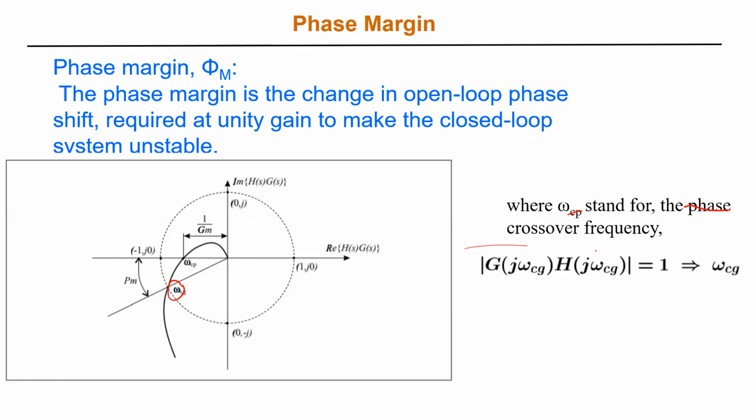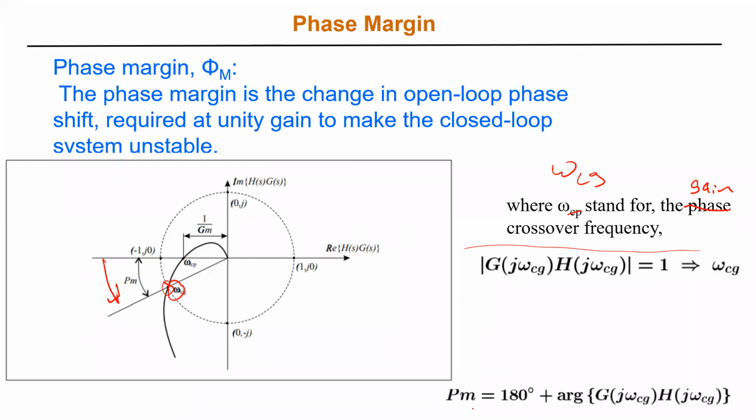Okay, so this is the 0 dB point. I evaluate the gain crossover frequency, omega CG, the crossover gain frequency, and then use this one to evaluate the phase here. This is the direction for the phase.